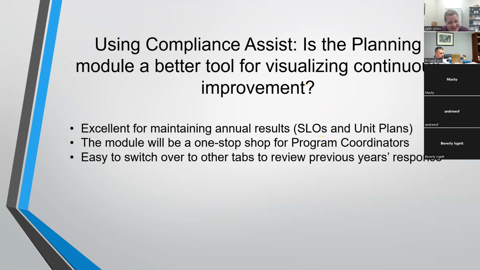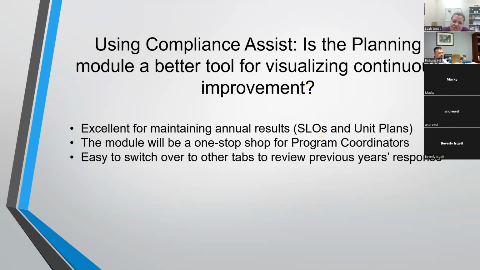So, as I mentioned, now the program review is going to be in the same place where everything else you have to do every year is. It'll be in the planning module. It's just going to be another choice on the drop-down list, and I'll give you a demonstration here in a minute.